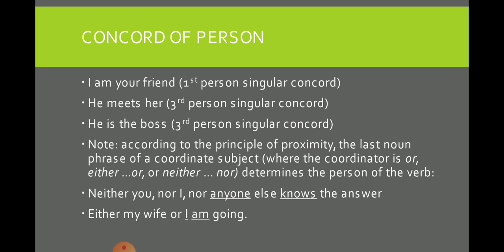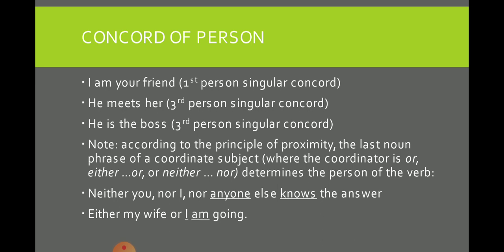Let's take the first example. I am your friend. Now, if we notice the subject and the verb in this sentence, we will see that the subject is singular and the verb is singular. So this is the concord of number. But besides that, we have another type of concord, which is the concord of person.